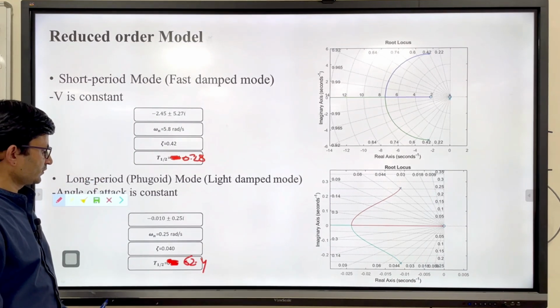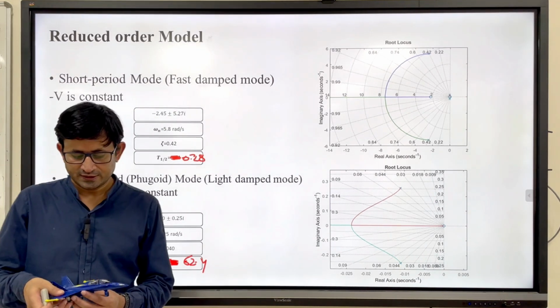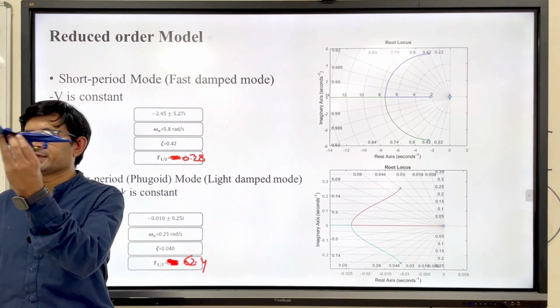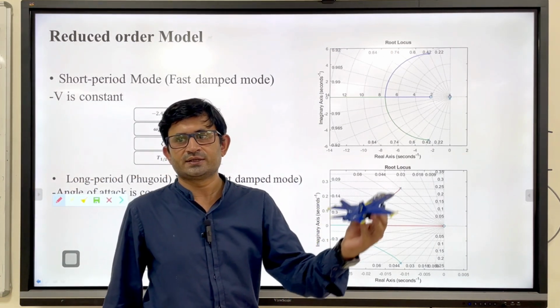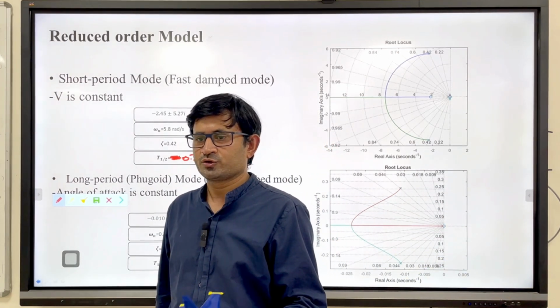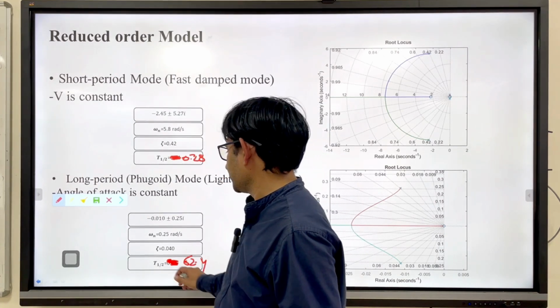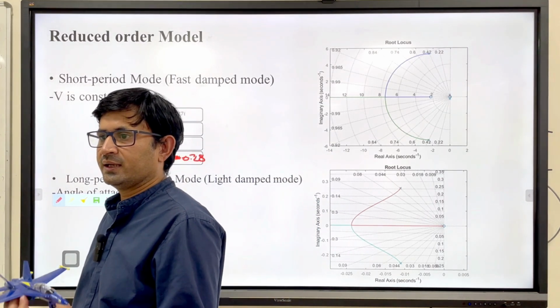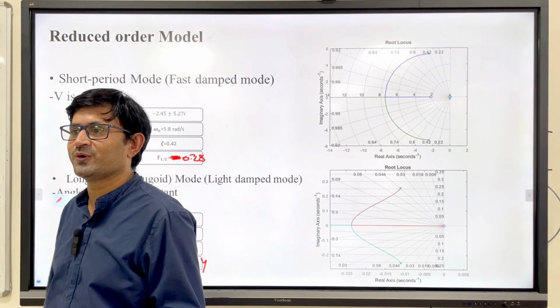In this case, since it is lightly damped, it is taking more time to damp, which means it will have more oscillations. So the number of cycles will also be more, and the time to double the amplitude is 62.4 seconds.